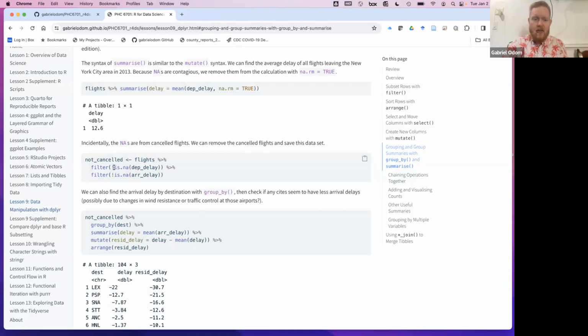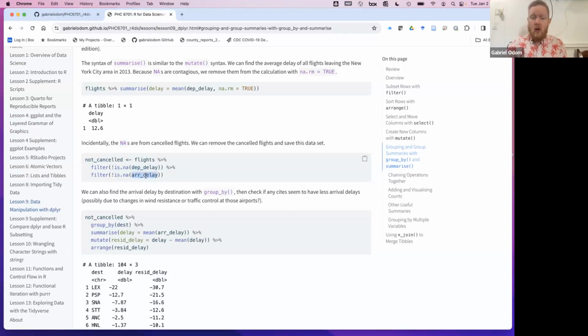Right here, this is going to create a logical indicator of trues and falses, and there's going to be trues every time the departure delay is missing. Well, we don't want to keep the rows where that's true. We want to keep the rows where that's false. So we reverse it, and now we have a vector of about 337,000 trues and falses, where the true value means that the departure delay is not missing.